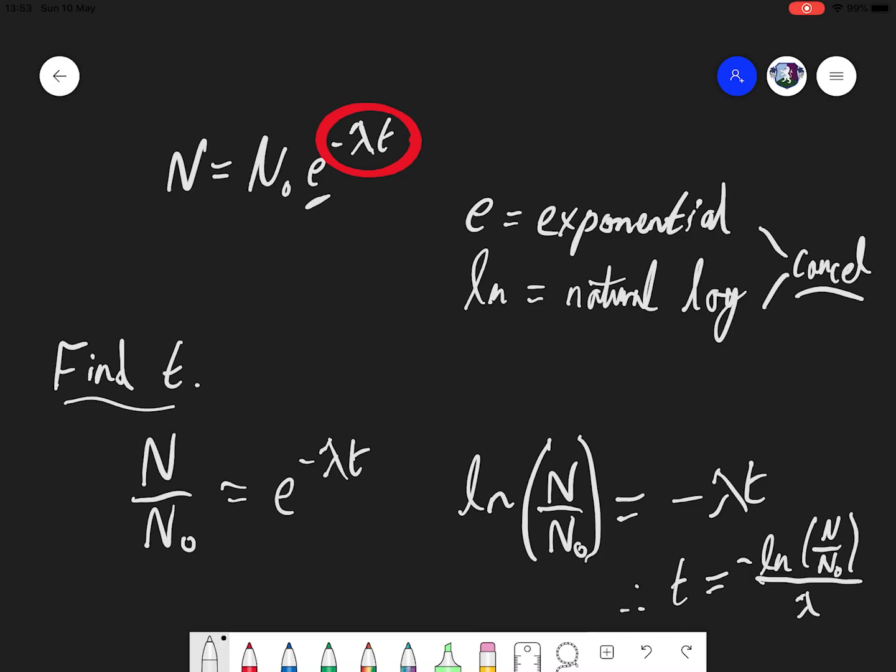Now this can obviously be used as well for the activity equation, exactly the same method, and as I said before, either lambda or t is going to be your target to find. Usually t, but this rule of e and ln cancelling out is the most important part to take away from this.